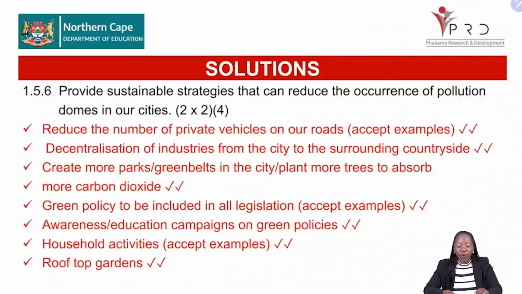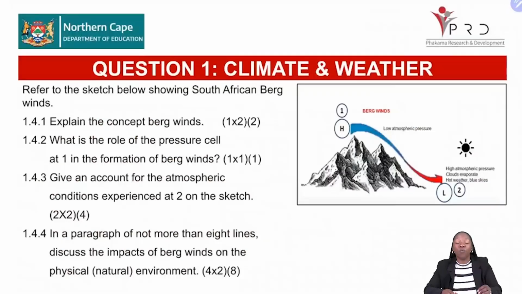Then we're looking at our next question. We are still on climate and weather. So now refer to the sketch below showing South African berg winds. So now it's supposed to come to your mind, what are berg winds? On which season do berg winds occur? Then you're also looking at the diagram.